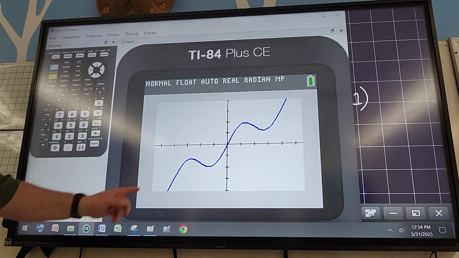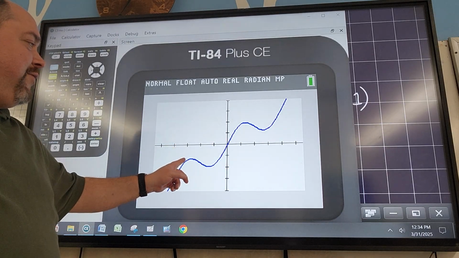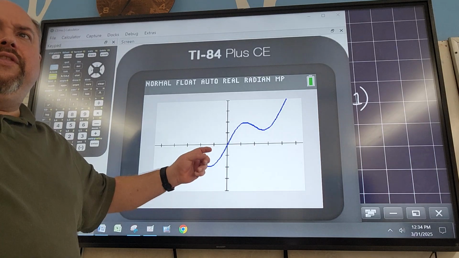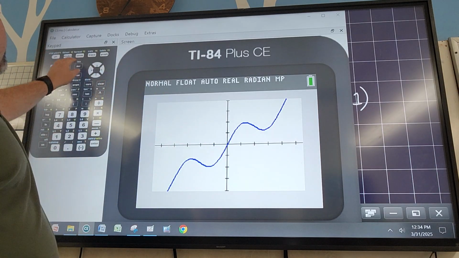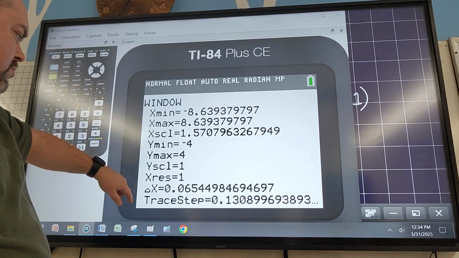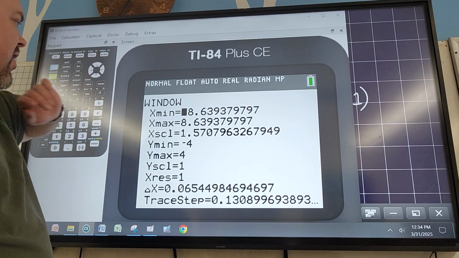If it was, say, -3 to 3 pi, I think each one of these represents half pi on the X scale.